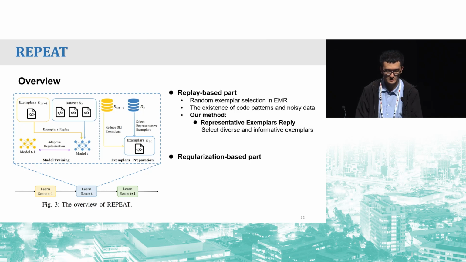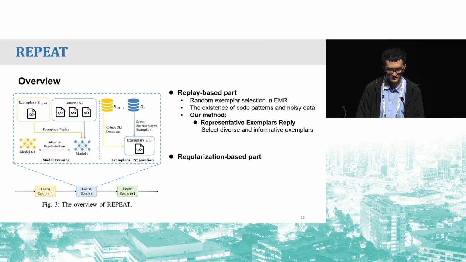In the replay-based part, instead of random example selection in EMR, we take the existence of code patterns and noisy data into consideration and propose to select representative examples that are both diverse and informative.